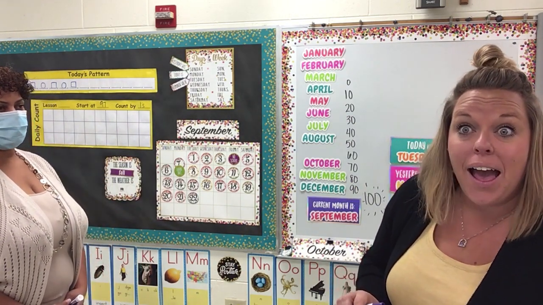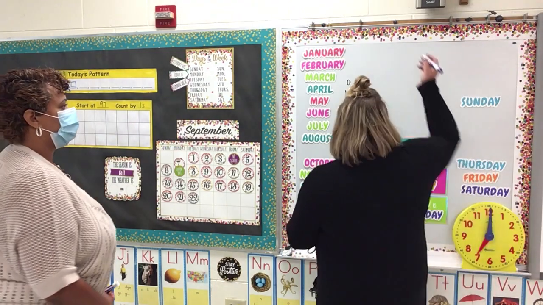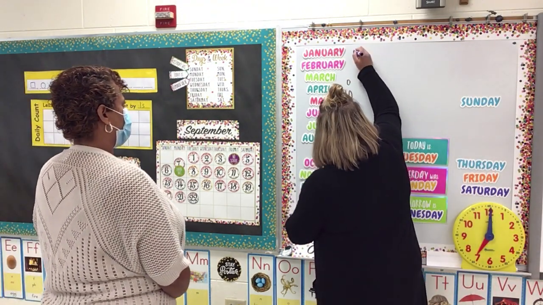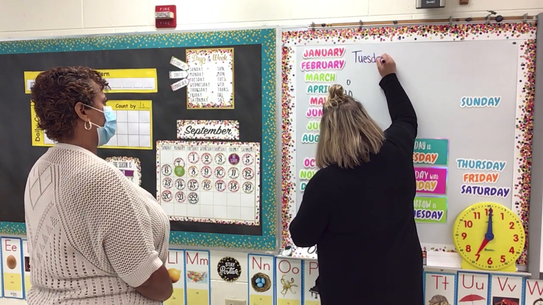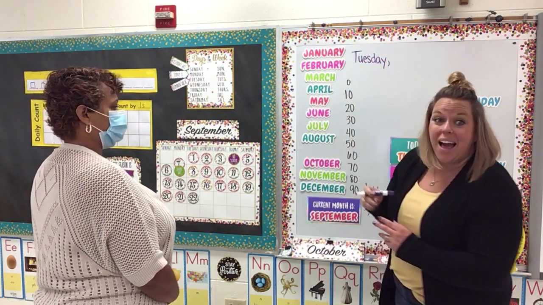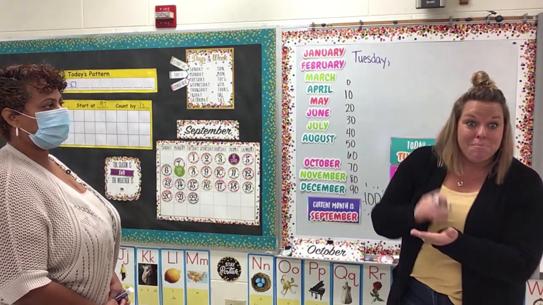So now I need to write my full date. And I'm going to do something a little different today. I'm going to write the day of the week in front of it. So we said today is Tuesday. After Tuesday, I have to put a comma in between the day of the week and the month of the year.